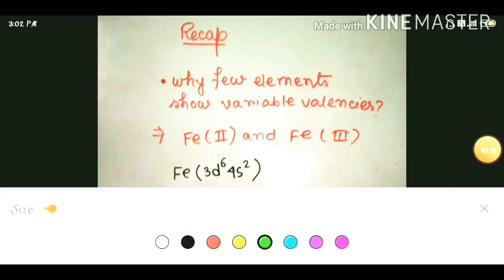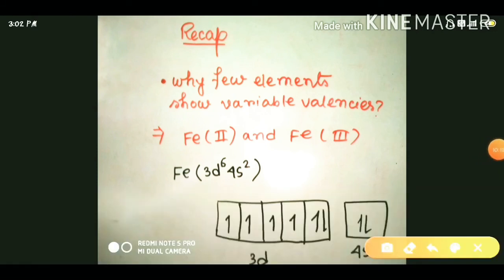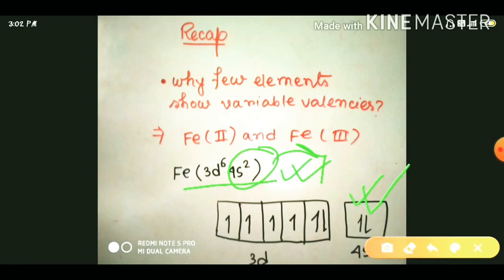We all know the electronic configuration of Fe is 3d6 4s2. So its outermost shell contains 2 electrons, and it can lose these 2 electrons from 4s. It can also lose 1 electron from d, because after losing this 1 electron from d, it becomes much more stable.